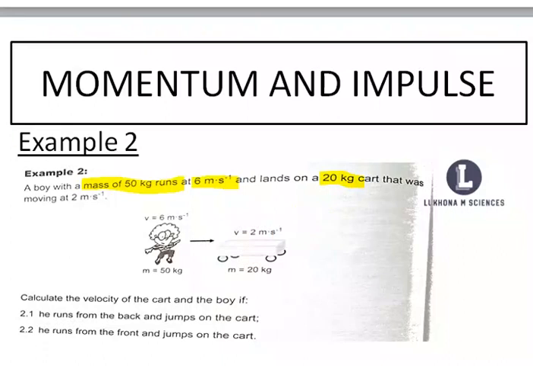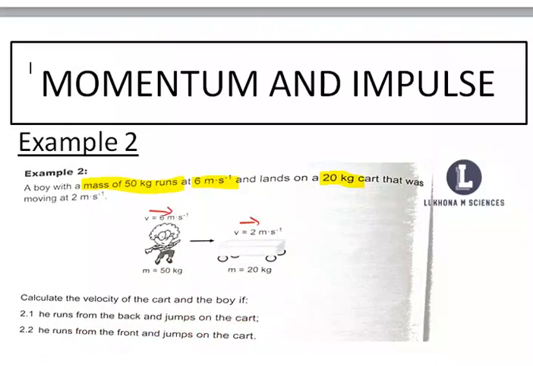So we have the velocity of the boy in this direction, that is to the right. Then we have the cat to the right, it's also moving in this direction. Okay, then the question says calculate the velocity of the cat and the boy if he runs from the back and jumps on the cat.